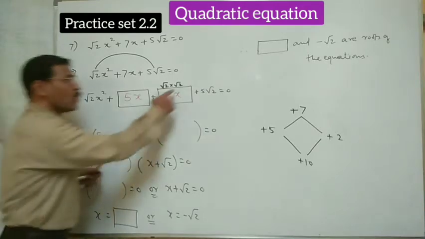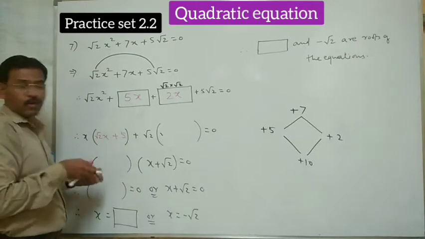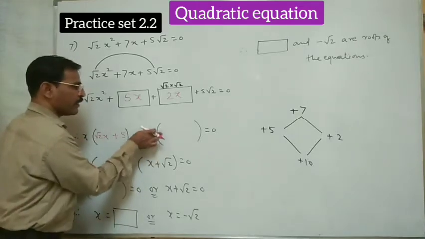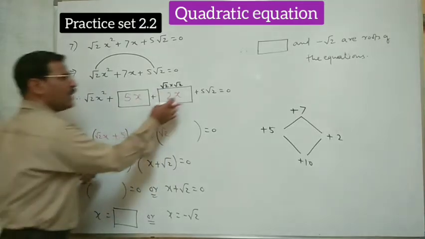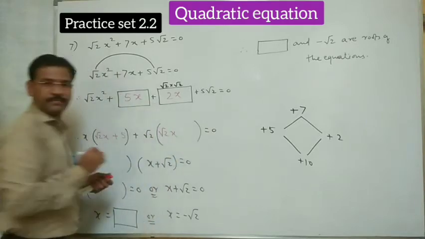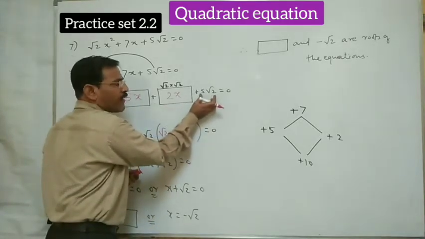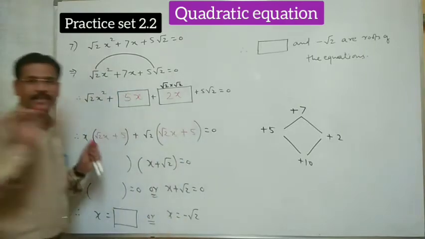Means one more root 2 still remains here. It is a very, very important one. We cannot take x common because x is not there, so x is still there. Now from these 5 root 2 we already took root 2 common, means only 5 remains like this.